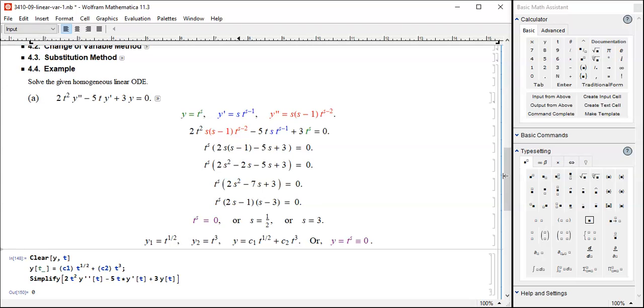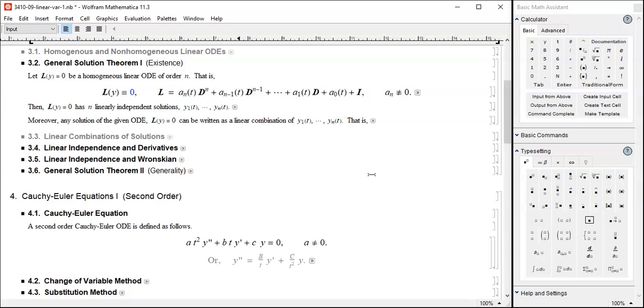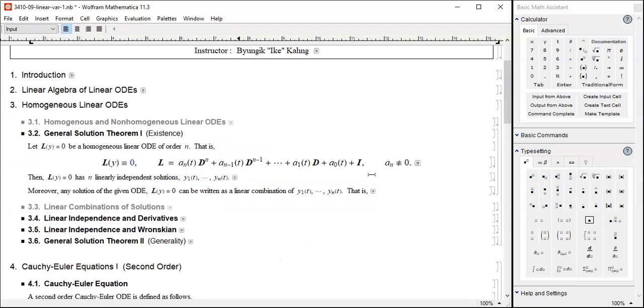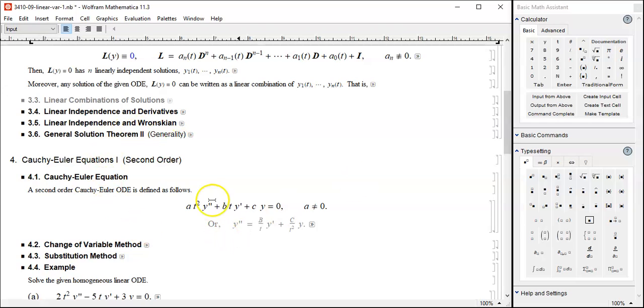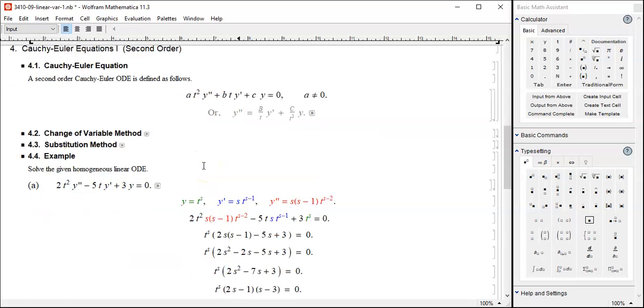Anyway, that's an example of a second-order linear ODE with variable coefficient, the simplest case, the Cauchy-Euler equation. And the theoretical background, here, the general solution theorem.